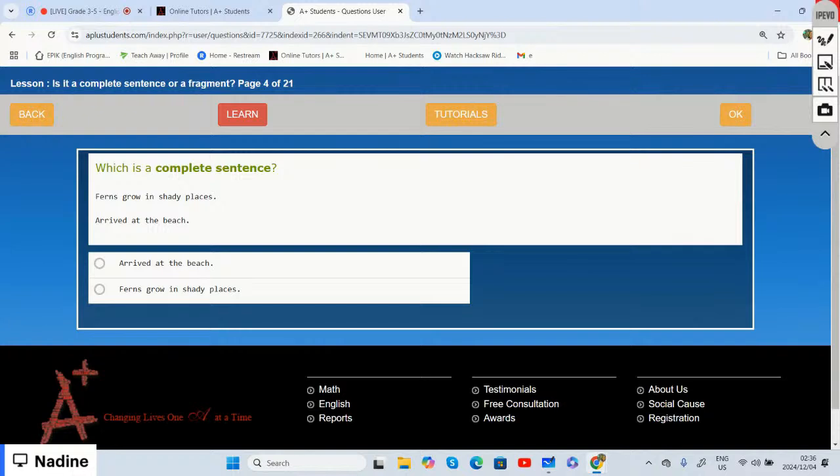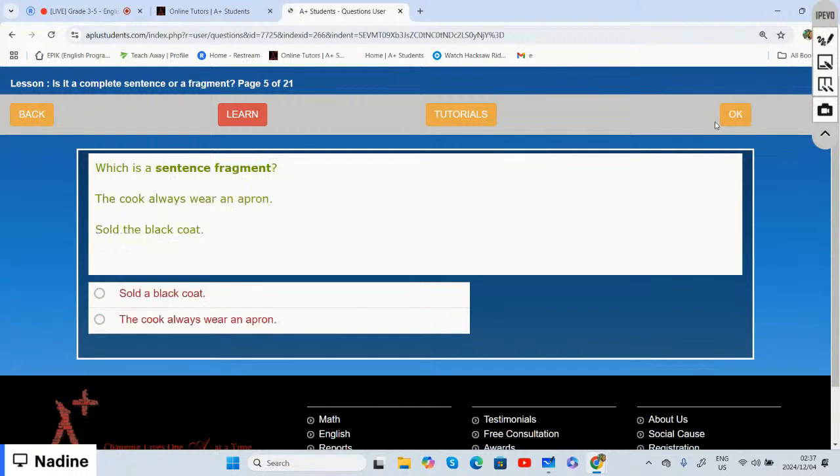So, completed sentence, is it option one, arrived at the beach? Or option two, ferns grow in shady places? And if we were to select the correct sentence, then we can say ferns grow in shady places. Well done. Option two is correct.